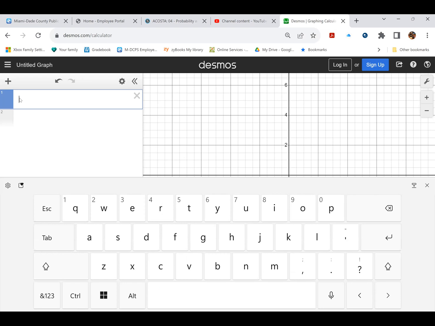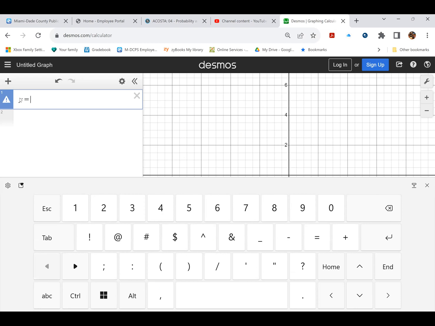Oh wait, it has to be y. Y equals... well, the original question said what? What was the original curve? Y equals 3x. Yeah, but the original ones.